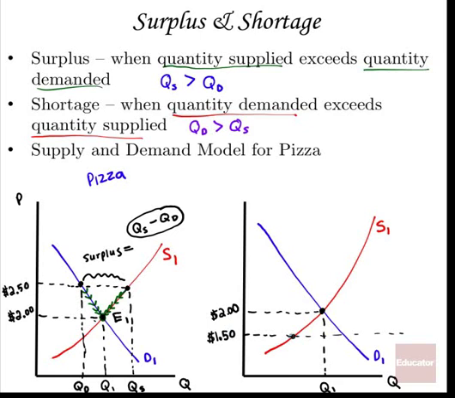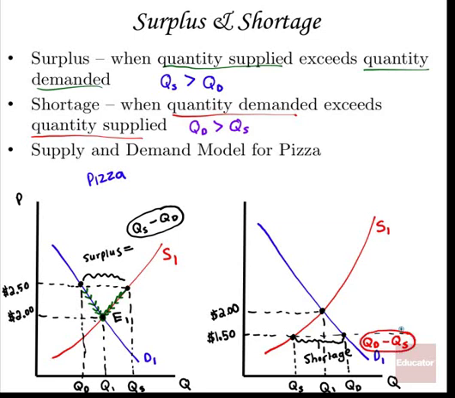What's going to happen is that the quantity supplied is going to be relatively lower, and the quantity demanded is going to be relatively higher than where the equilibrium is. And in this area right here, you're going to see a shortage. And the shortage amount is going to be the quantity demanded minus the quantity supplied.